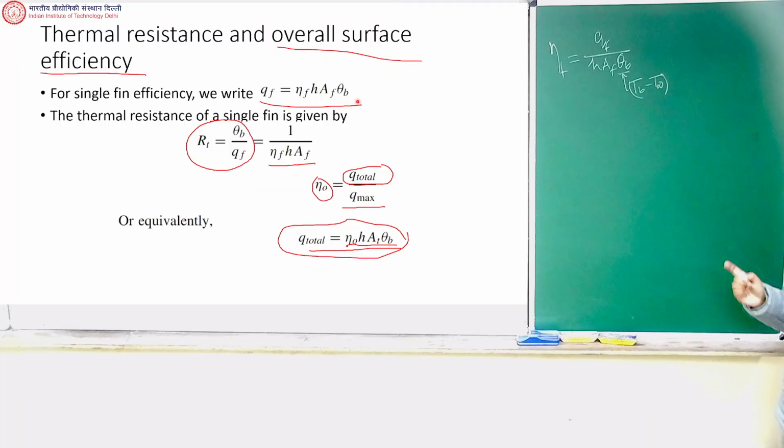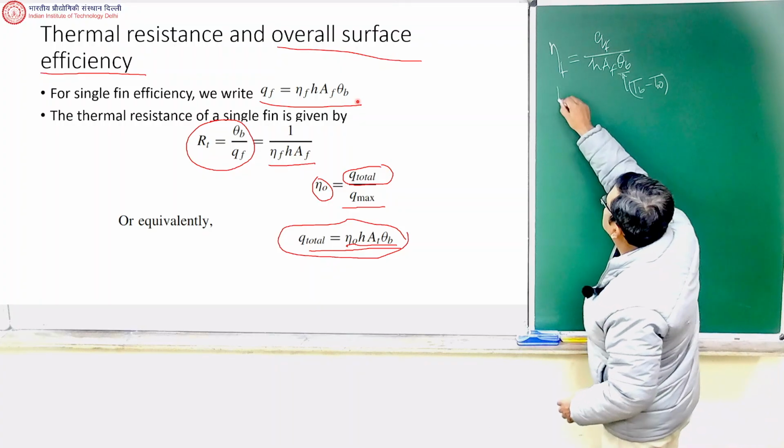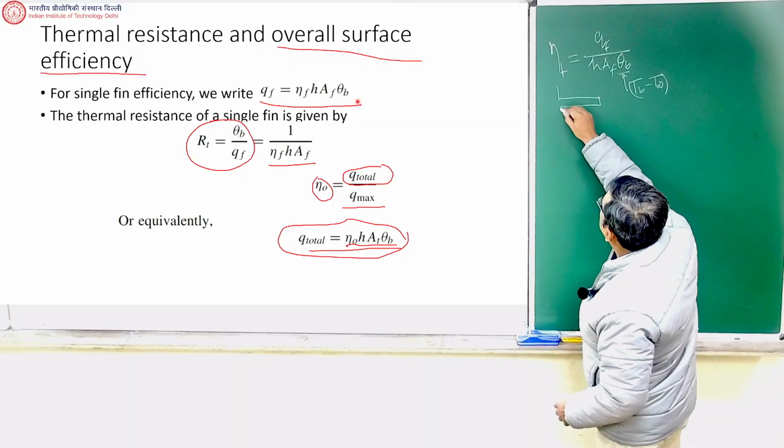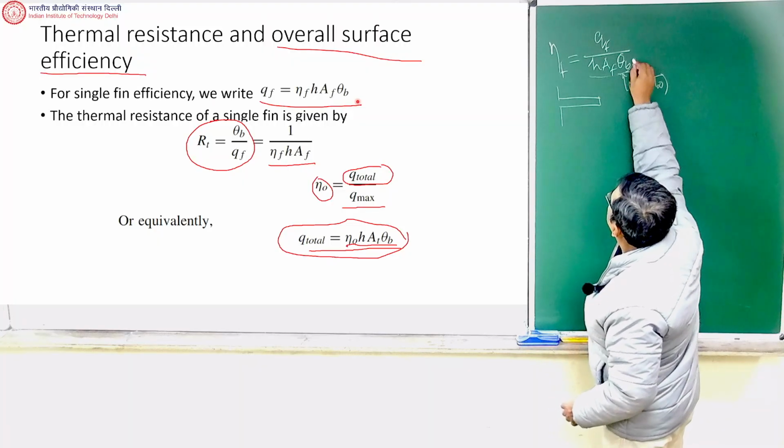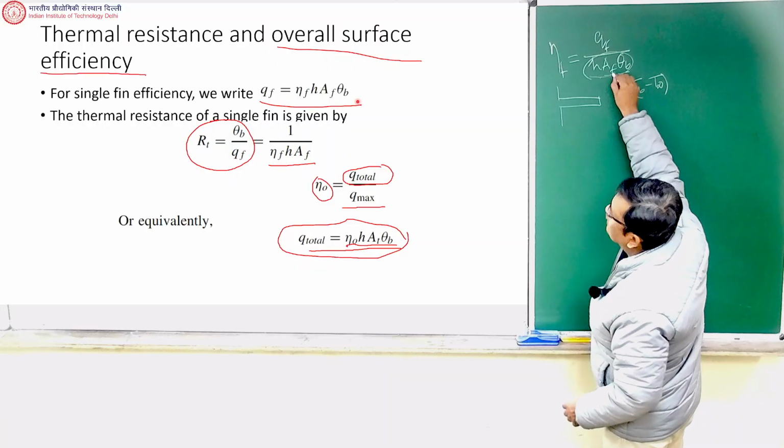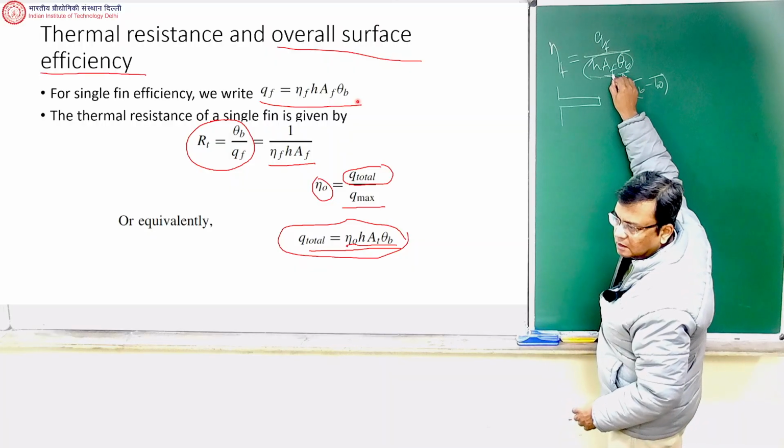Why do you use theta B there? Because this fin has the heat transfer HAF theta B. AF is the total surface area of the fin, right?